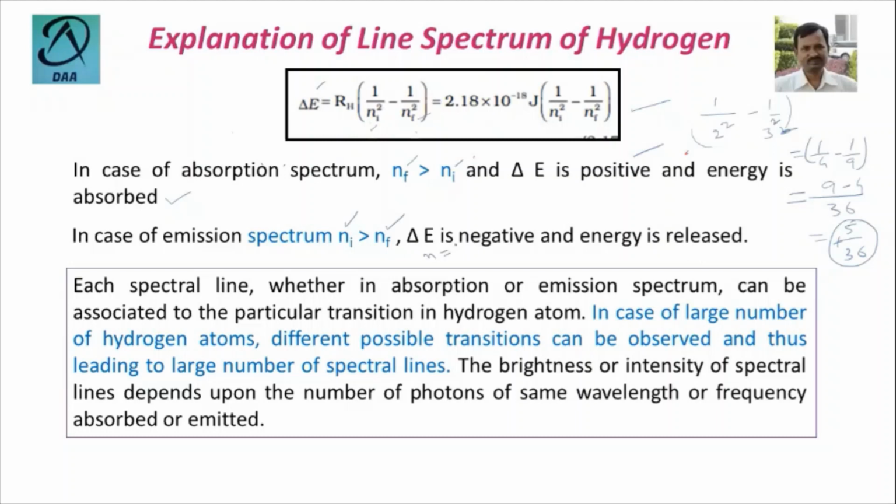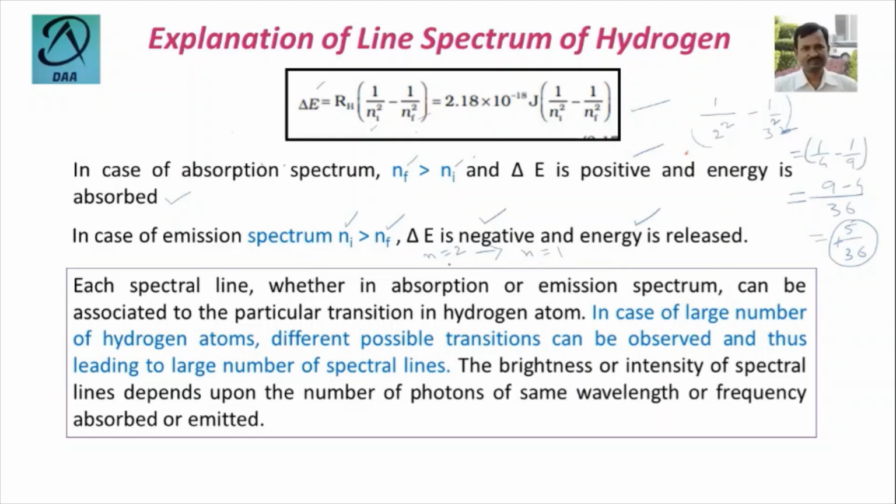If you consider the electron coming from n equal to 2 to the n equal to 1 state, and you calculate this, it will be reversed. In this case, delta E is negative, that means energy is emitted, or we can say it is released.